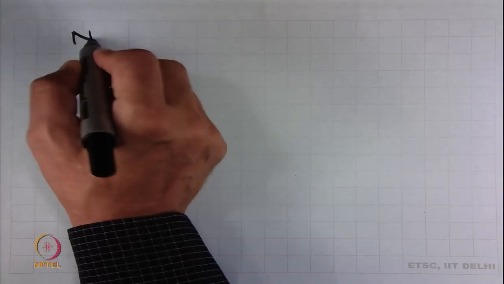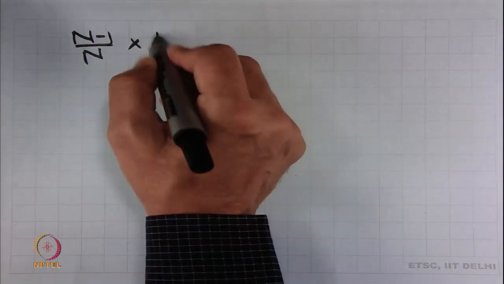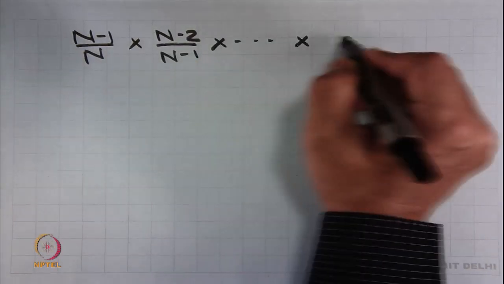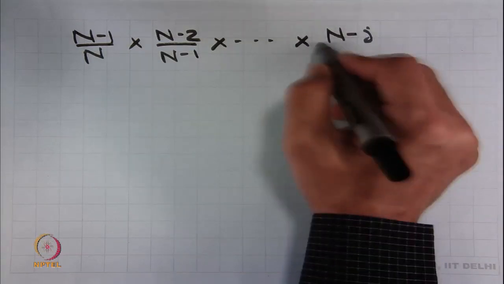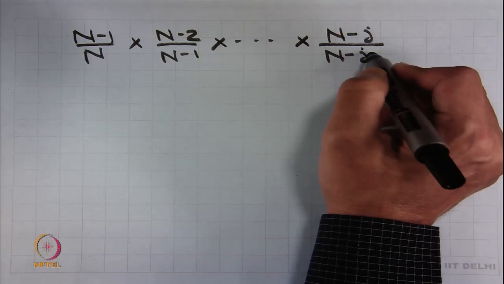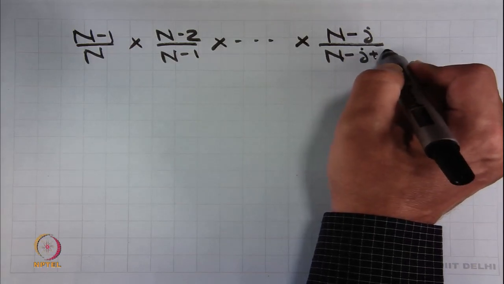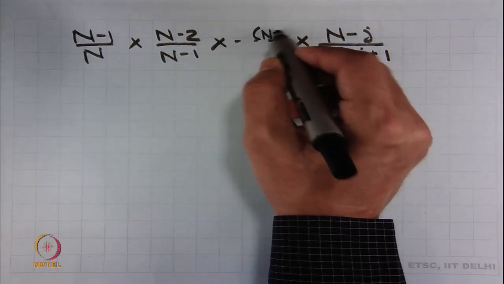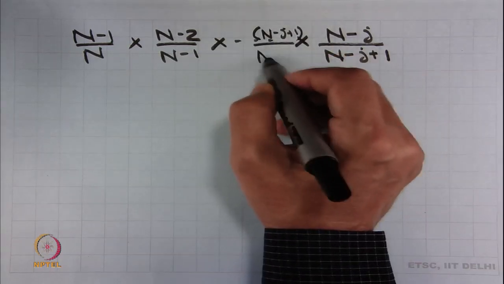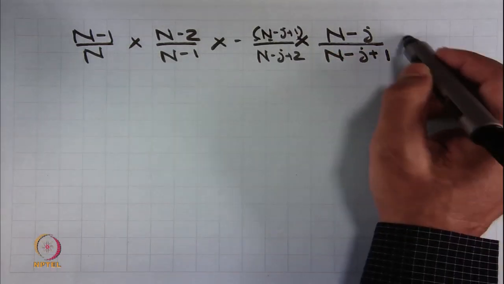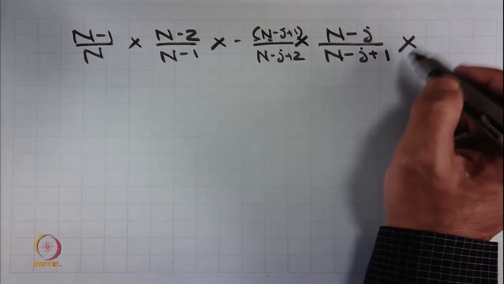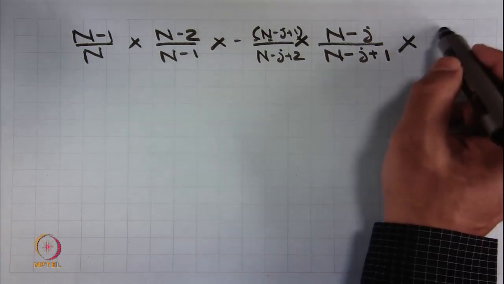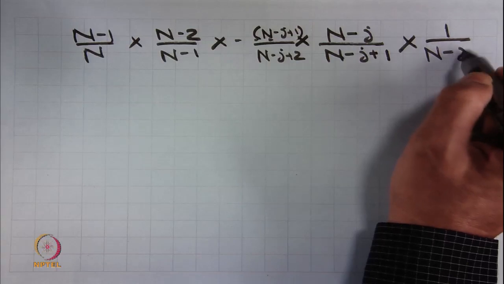That probability is n minus 1 upon n multiplied by n minus 2 upon n minus 1 multiplied by up to n minus j upon n minus j plus 1, and then multiplied by, now that out of that n minus j elements I am choosing x k, that probability is 1 upon n minus j.